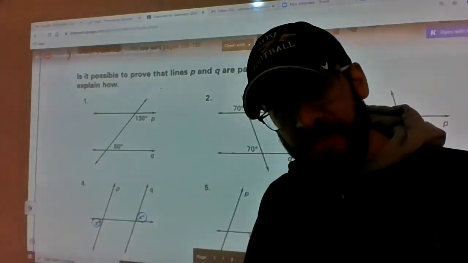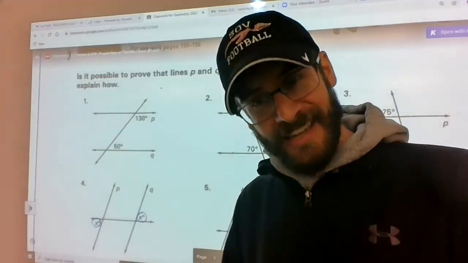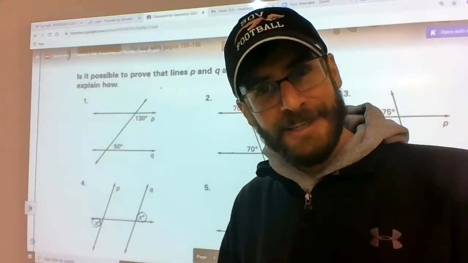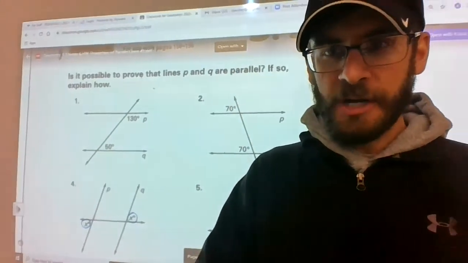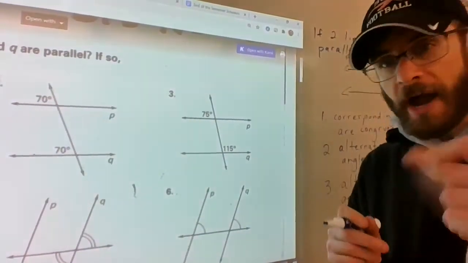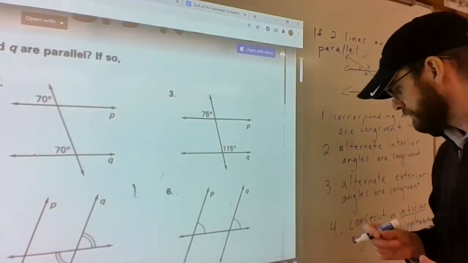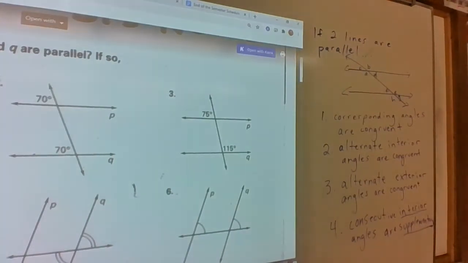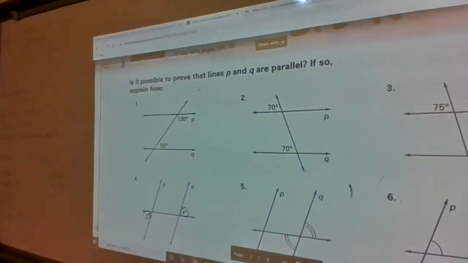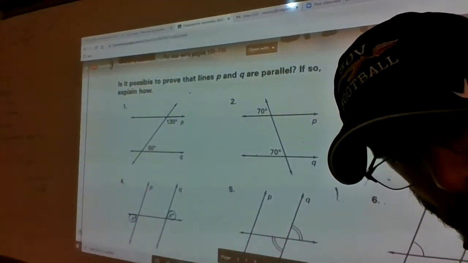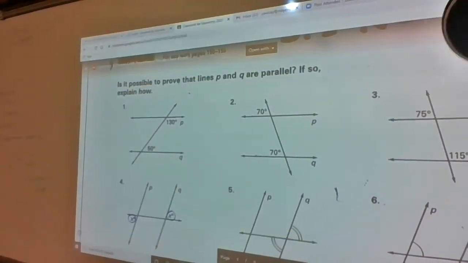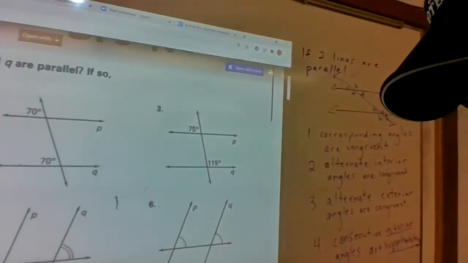So, would you agree that angle X is congruent to itself? Yeah, it is congruent to itself. So the question is, do any of these seem to just right away jump out at you? Look at the placement of the angles for number 4. Now look at our list of reasons over here.